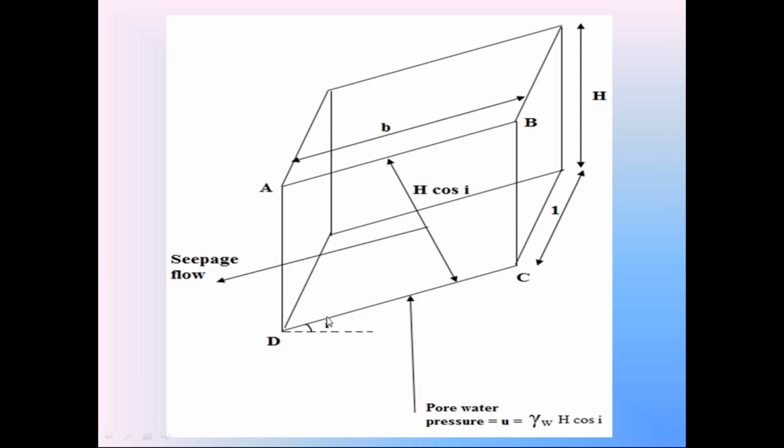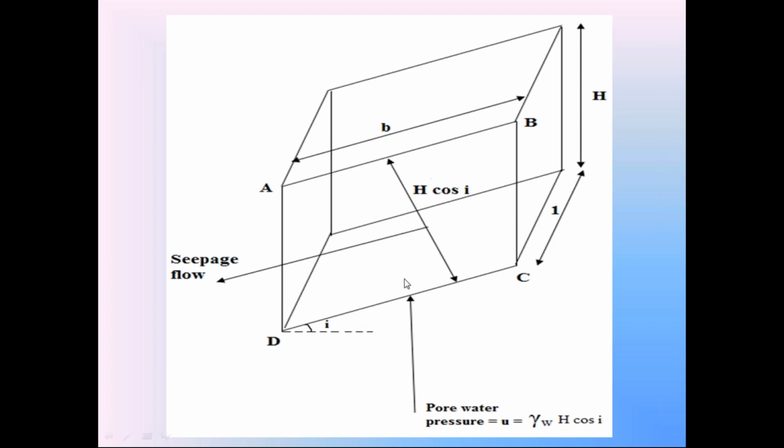So this line CD is the failure surface CD. With this line CD, this pore water pressure makes the angle 90 minus I. So on the line CD, we can resolve this pore water pressure into two components. One is a normal component, that is the normal pore water pressure component.